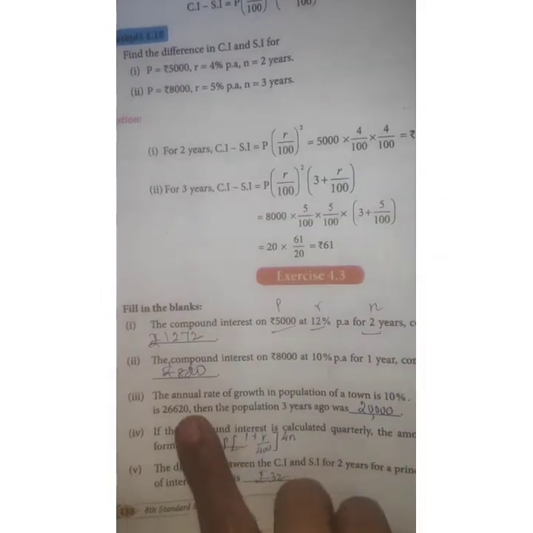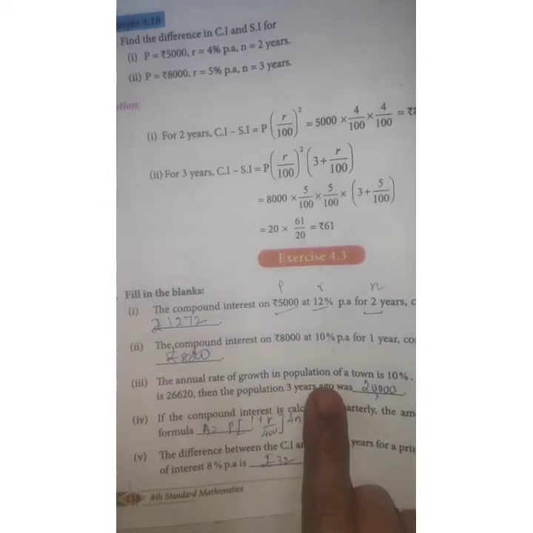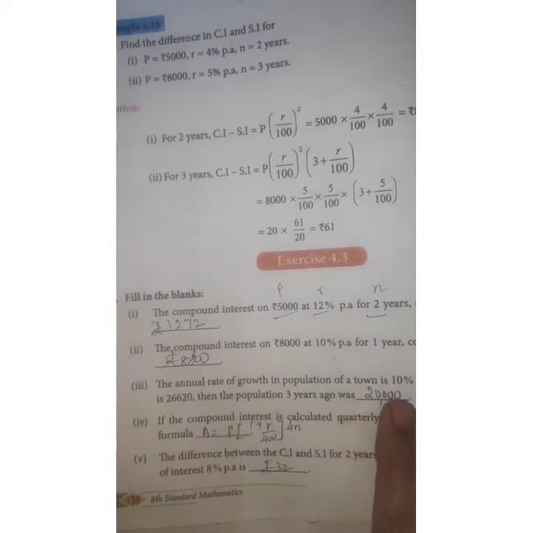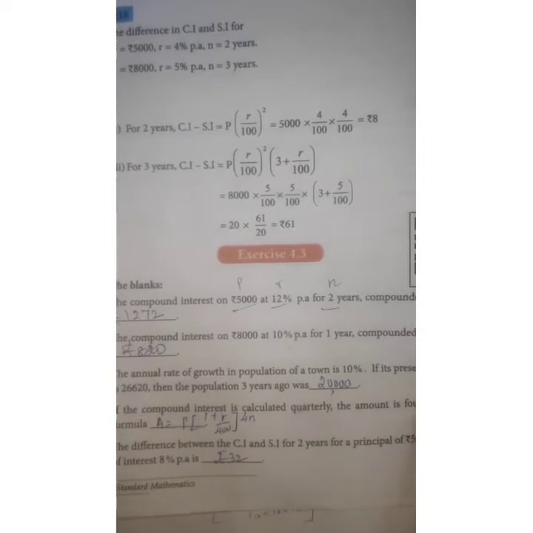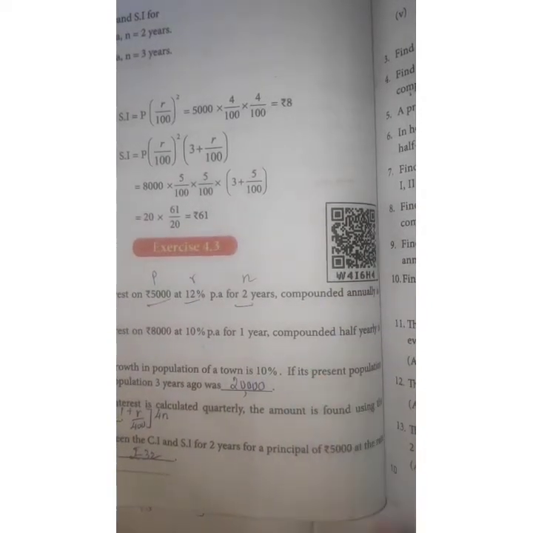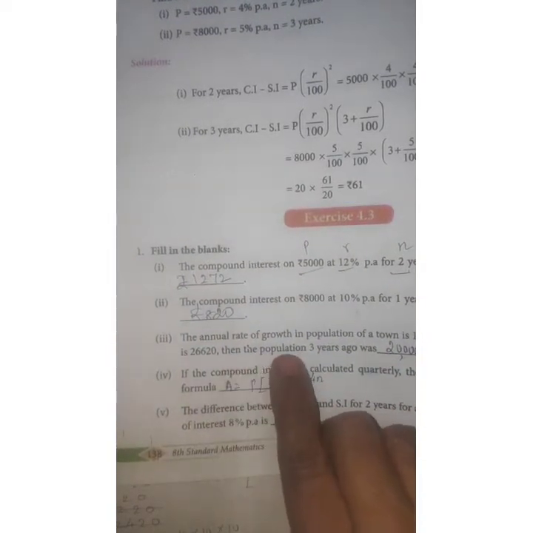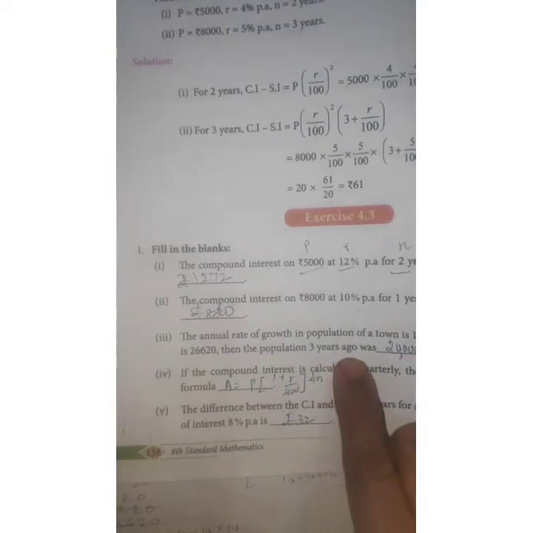Third sum. The annual rate of growth in population of a town is 10%. If its present population is 26,620, then the population 3 years ago was.